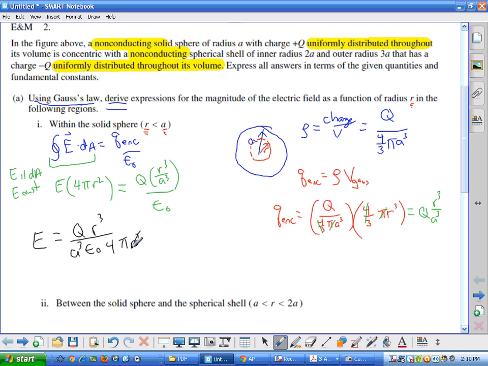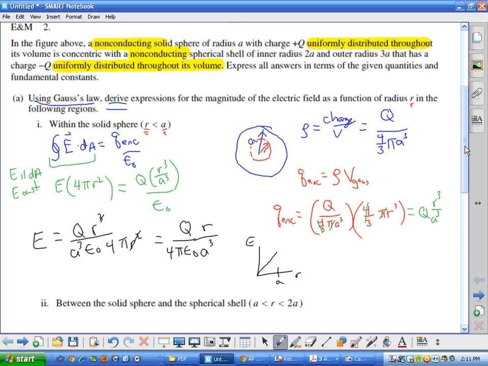So this r squared cancels out two of these r's up here, which gives Q over 4 pi epsilon 0 a cubed, times r. This is something where the electric field is proportional to r, so it would be increasing like that. They don't ask you to draw that, but sometimes they will. So up until radius a, the electric field is increasing linearly.